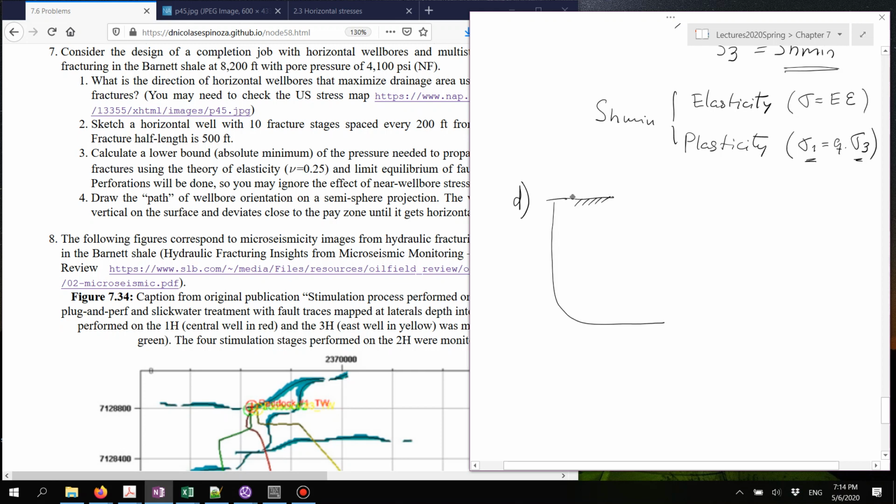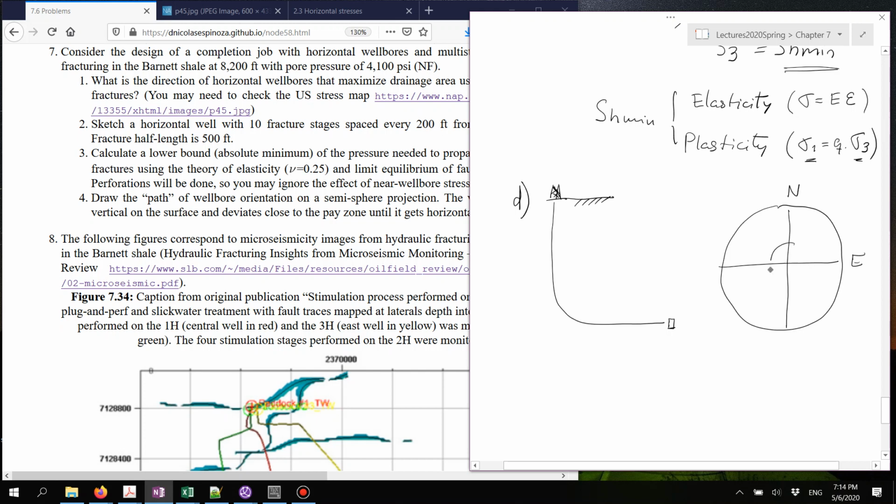If you have a wellbore that goes from the surface as it's being drilled to a location, you're going to go from vertical to horizontal. And you can map that in a stereonet projection where this is the north, south, east, and west.